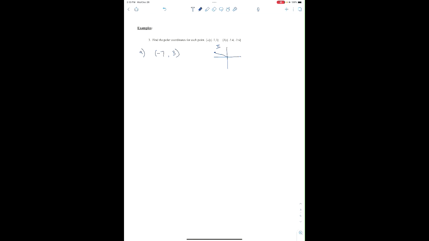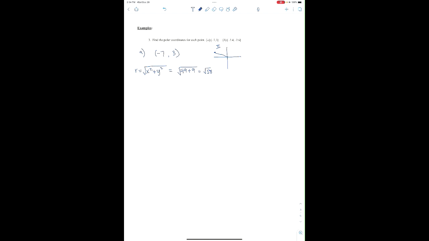So the first thing, let's start by finding the distance from the origin to that point. How long is our r, basically? So remember, r is the square root of x squared plus y squared. This is going to be 49 plus 9, which gives us root 58. And then we also need theta, right? Because our polar coordinates are written as r and theta.